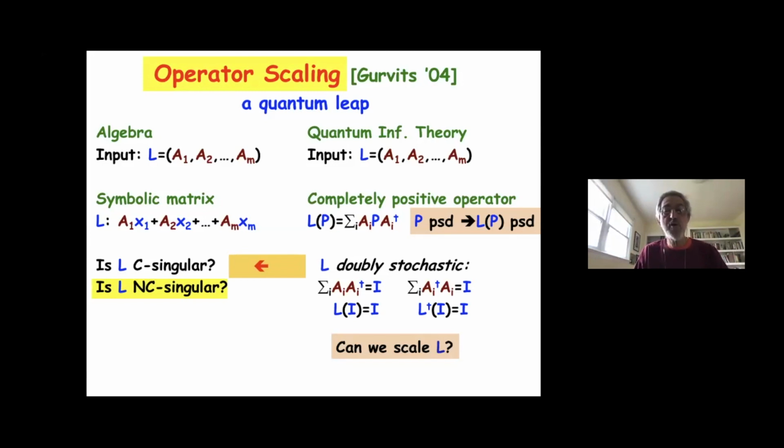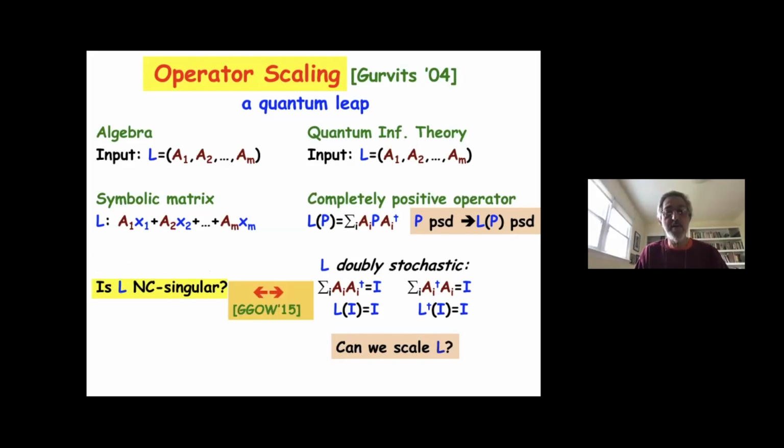If you cannot scale L, it means that as a symbolic matrix, it is singular. So he managed to prove one direction. And he didn't manage to prove the reverse direction, and actually because it's not true. So it's basically not the right problem to look at.